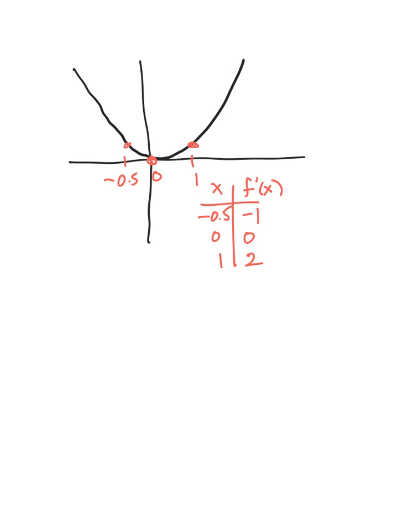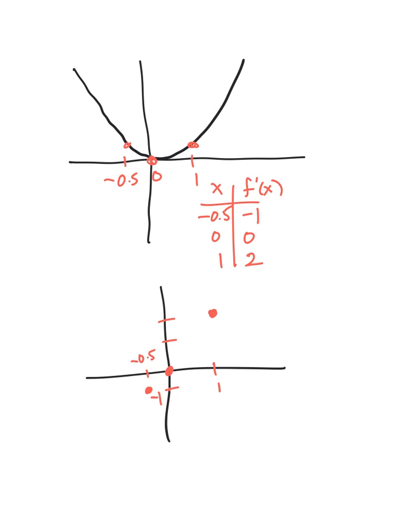And so I could take these points that I've listed, these x values and y values, and I could plot them. So at negative 1/2, negative 1, 0, 0, and 1, 2, like that.